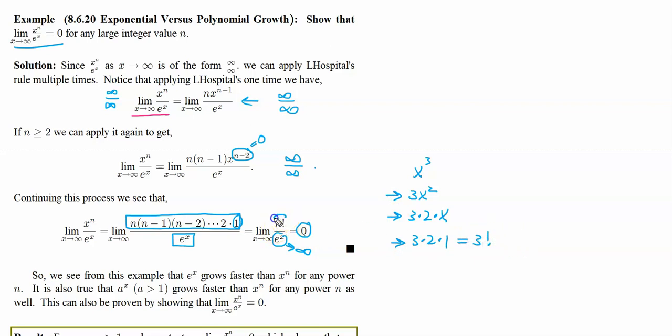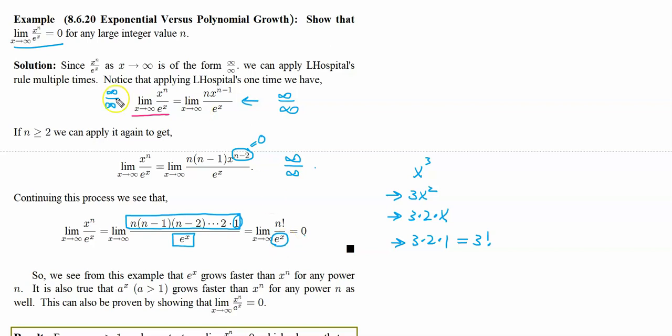So that's where that n factorial is coming from. Okay, so that proves that the exponential function e to the x power grows faster than any polynomial of any degree. That's actually a very important result.